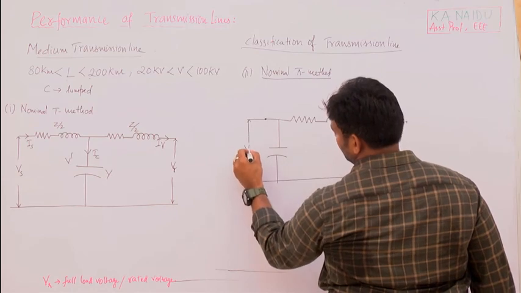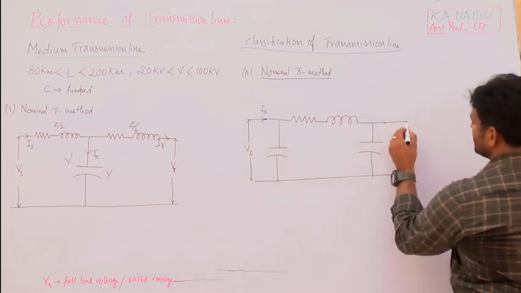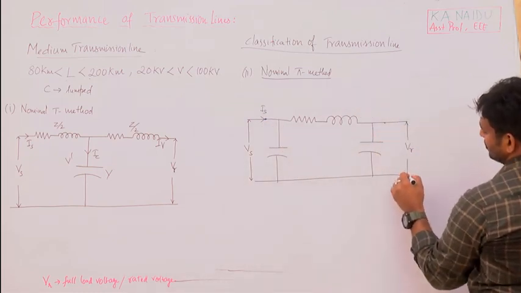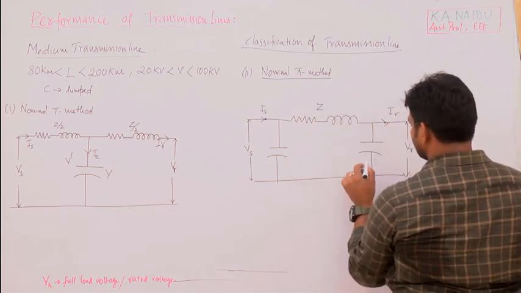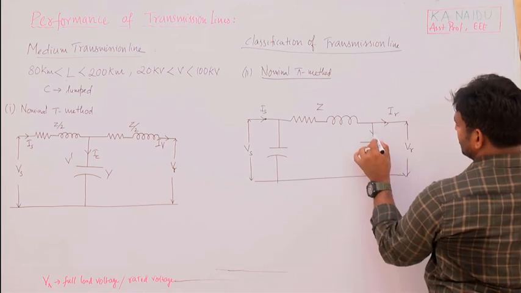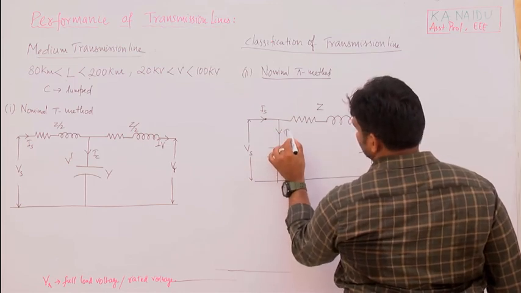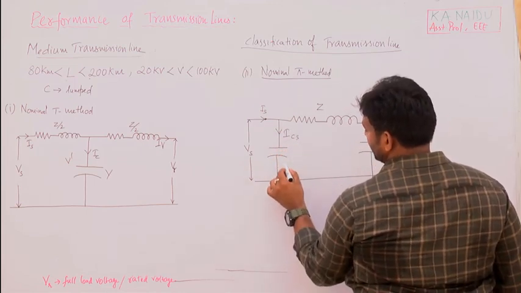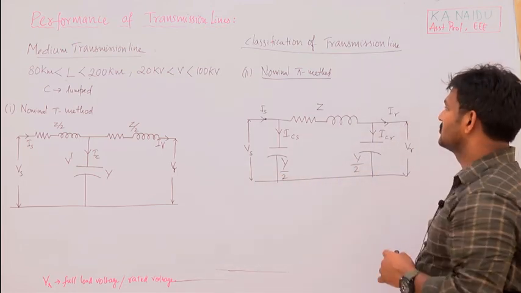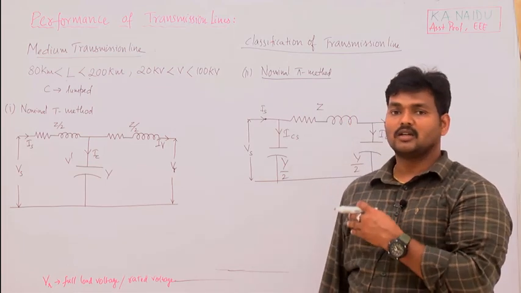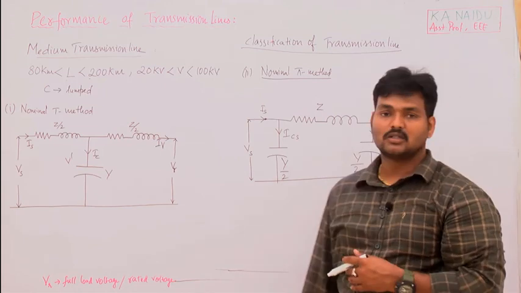Suppose this is sending end voltage Vs, sending end current Is, receiving end voltage Vr, receiving end current IR. This is the impedance. This is the capacitor at the receiving end. There is a capacitor of half admittance at the sending end. So this is Y by 2. This is also Y by 2. This is a nominal pi method to analyze the performance of transmission line.